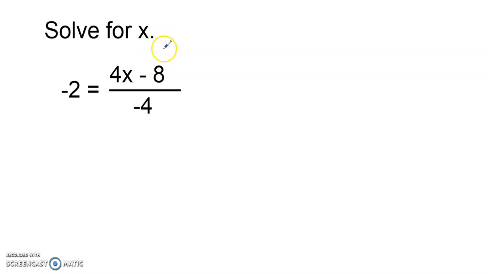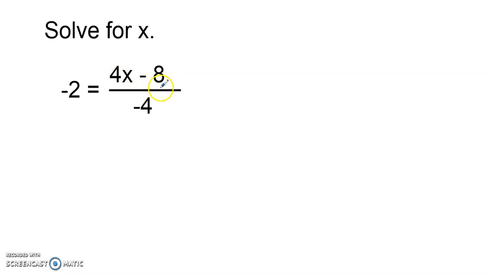Alright, the next problem that we have here, we've got negative 2 equals 4x minus 8 all divided by negative 4. So remember the goal here, solve for x, so we need to get x all by himself. So the first thing that we need to do is to get rid of this negative 4. And we can see that he's dividing this whole expression.